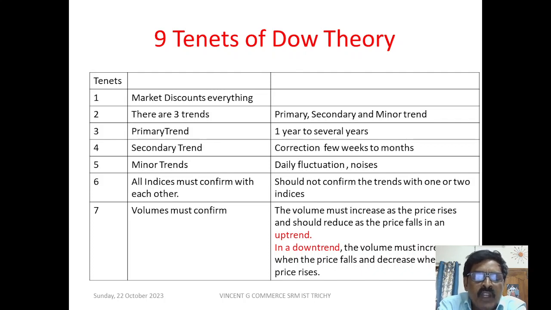Okay. And finally, volume must conform. The seventh clearly states that in an upward trend, volume must increase as the price rises and should reduce as the price falls. But at the same time, in a downward trend, the volume must increase when the price falls, and the volume must decrease when the price rises.